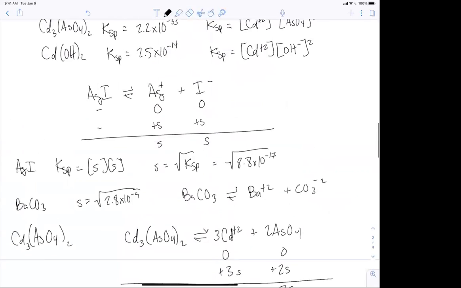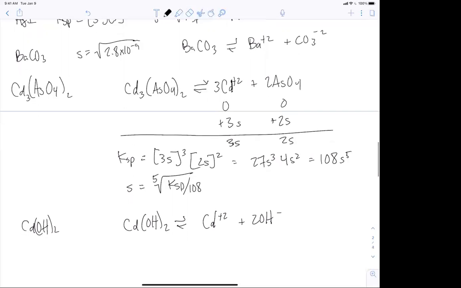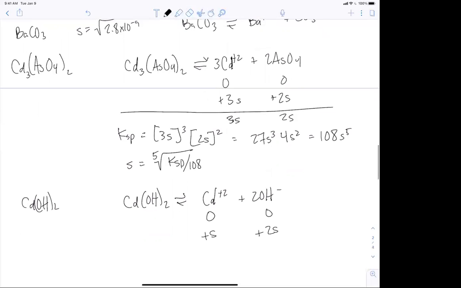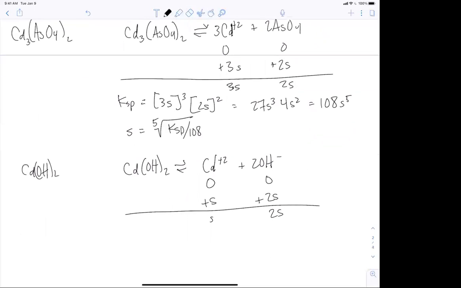And then for the last one, it's the same kind of workflow. It's cadmium hydroxide. So we end up with KSP is equal to S times 2S squared.